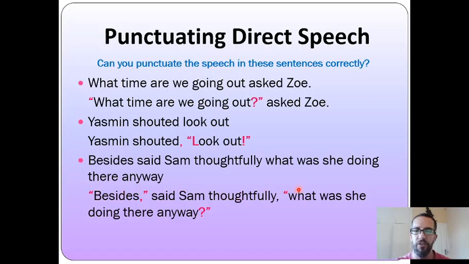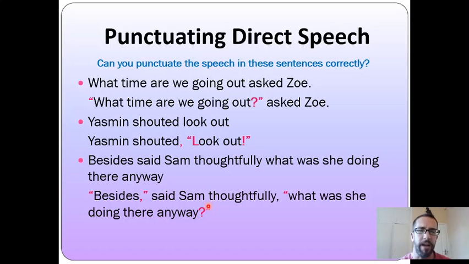And even though it continues over here, that "what" does not get a capital letter. But it does get some new speech marks to show you that this is still what Sam is saying. So, what was she doing there anyway? Sam is asking a question, so it gets a question mark. And then we need to close off our speech with our inverted commas.